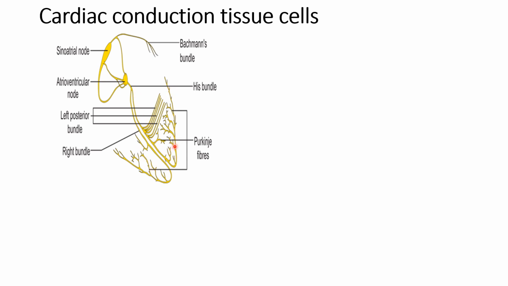The bundle branches are further subdivided into smaller branches called the Purkinje fibers.